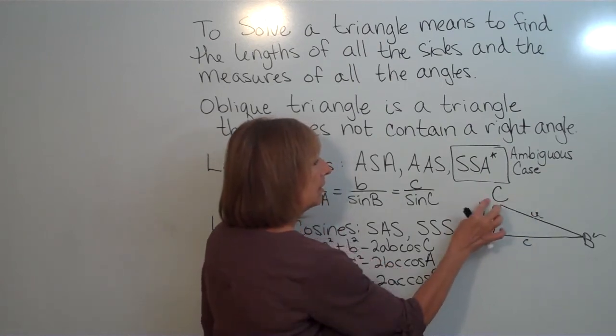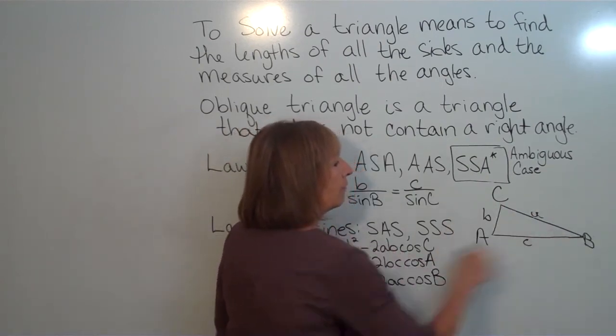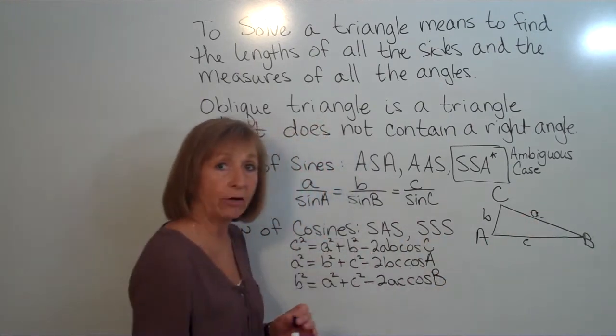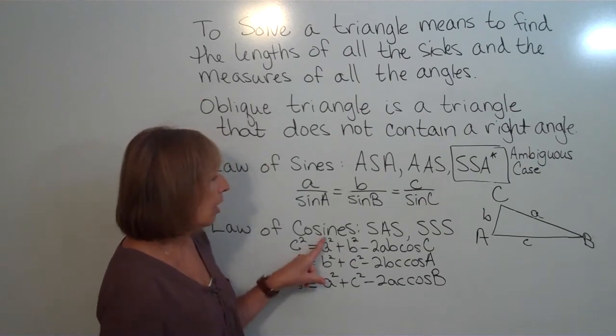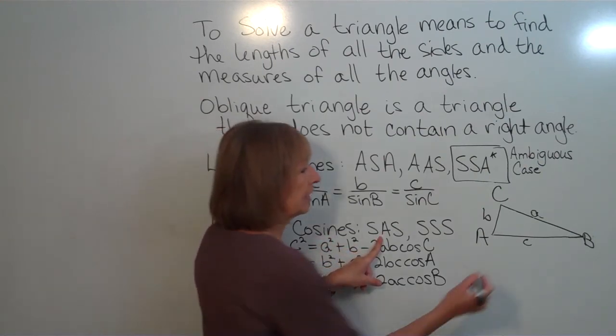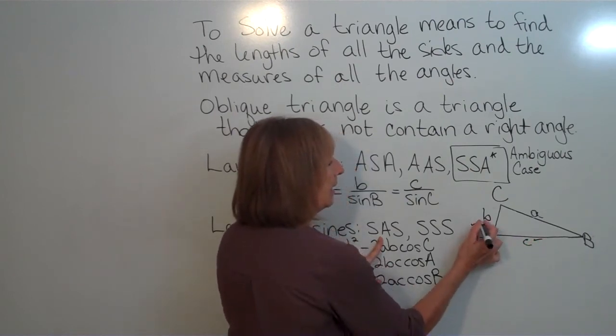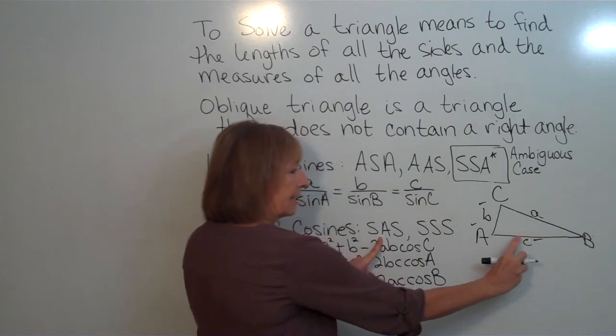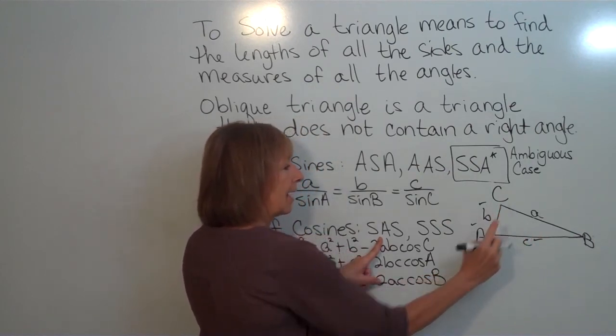Okay, now, what does it look like for the law of cosines diagram? Well, the law of cosines is side, angle, side. So as I go around, I say side, I say angle, I say side.